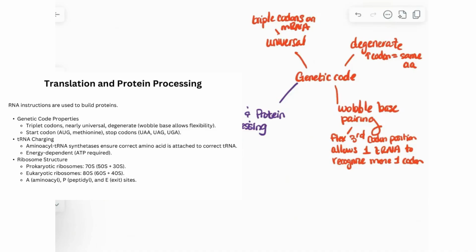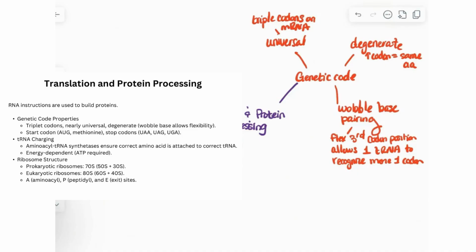Some other key facts you need to know is tRNA charging. The enzyme aminoacyl tRNA synthetase ensures the correct amino acid is attached to the correct transfer RNA so that it can go to the ribosome and drop off that amino acid to create the polypeptide chain.